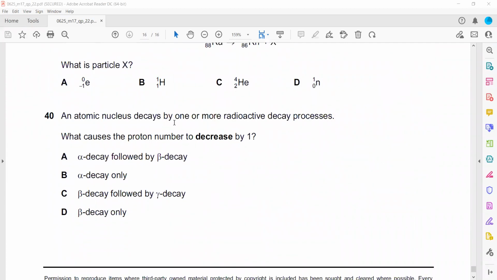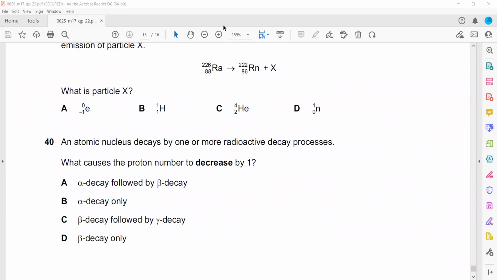Then in question 40, the atomic nucleus decays by one or more radioactive decay processes. What causes a proton number to decrease by 1? So look, in an alpha decay followed by beta decay, if there is an alpha decay, the atomic proton number first decreases by 2 because of the alpha decay.